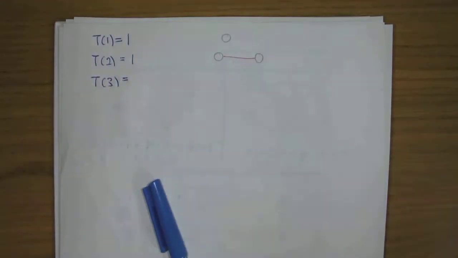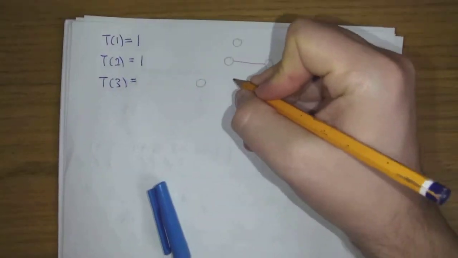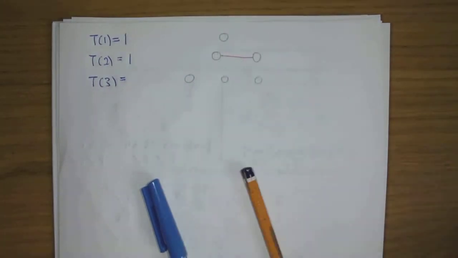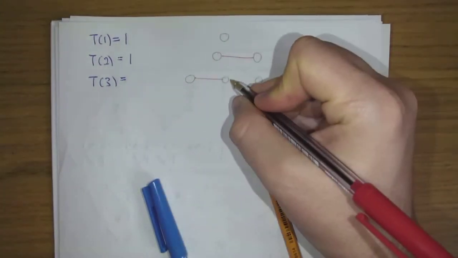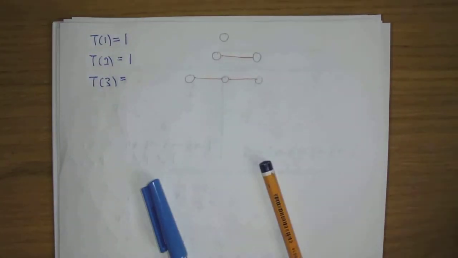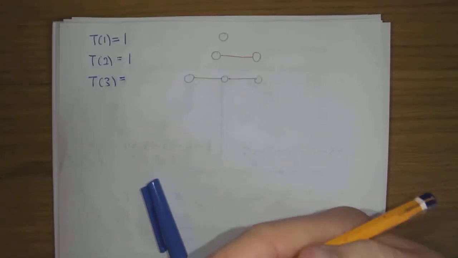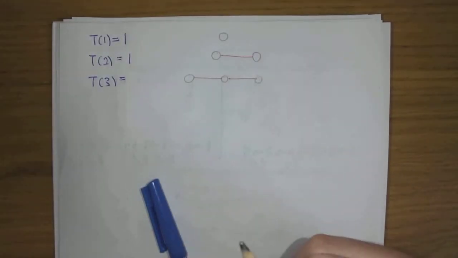Okay, I can think of a line. That's one of them. And is there any more? Okay, so how do we do this? Are there any more? I can draw different shapes, and they might look different, but they're going to be the same.